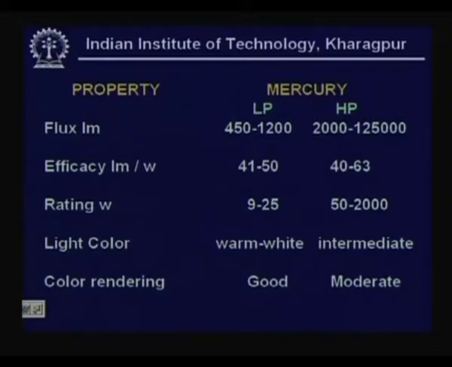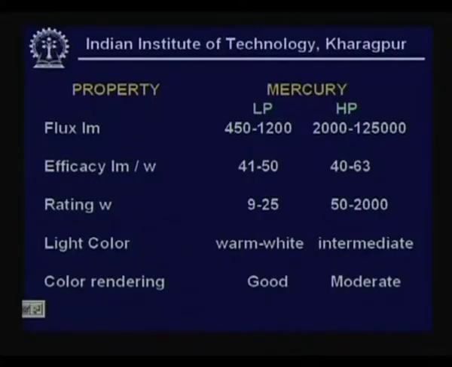Ratings could be 9 to 25 watts as the low pressure ones, and 50 to 2 kilowatts is the high pressure one. And color, that's where low pressure is reasonably in the warm white mode, and in fact some of us are familiar with these milky bulbs which we have been using at home. They fall under this category.